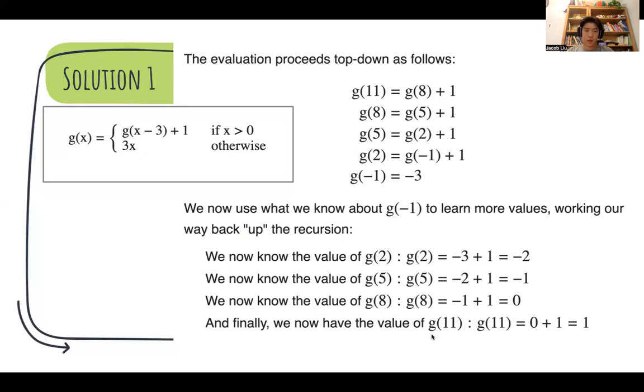And then now we know that g of 5 is equal to negative 2 plus 1, which is negative 1. Now we know that g of 8 is negative 1 plus 1, which is 0. And remember, these are just the previous one plus 1, as you can see here. And finally, we have the value of g of 11, which is g of 8 plus 1, which is 1.